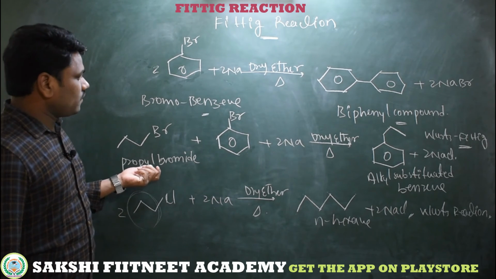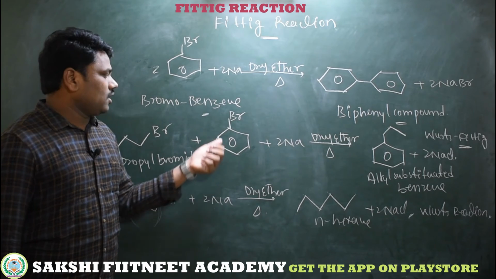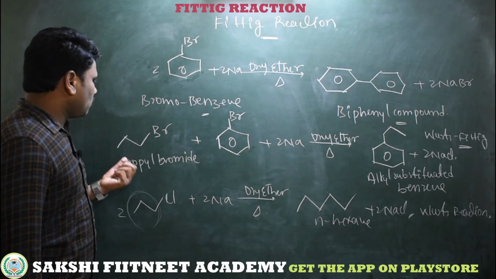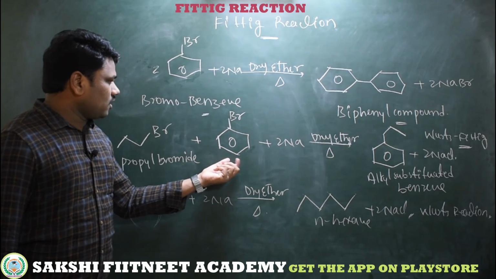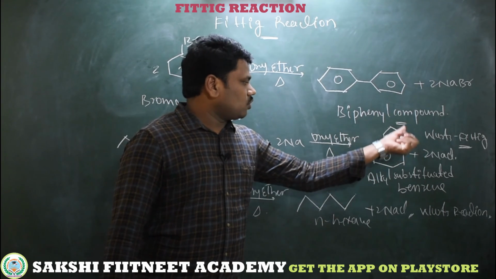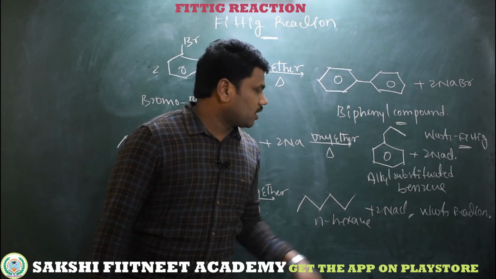Coming to Wurtz-Fittig reaction, that is an aliphatic halide and an aromatic halide. So from the aliphatic halide this organic group, from the aromatic halide this aromatic ring, are going to couple with each other, then we are getting an alkyl substituted benzene, and the byproduct is common.